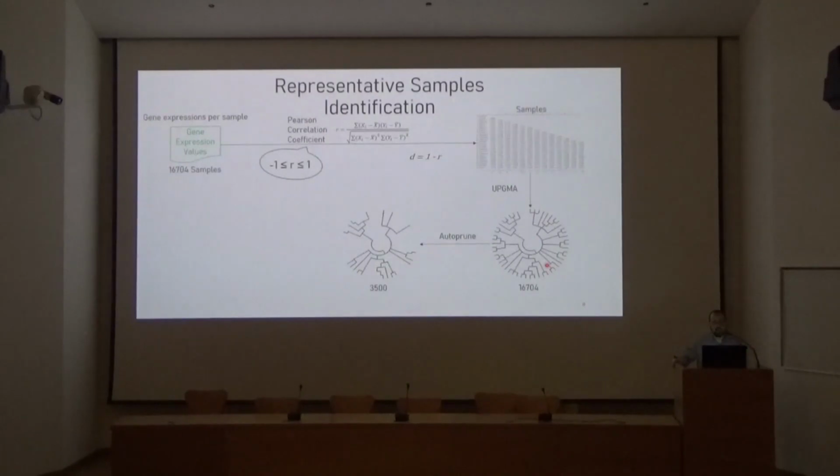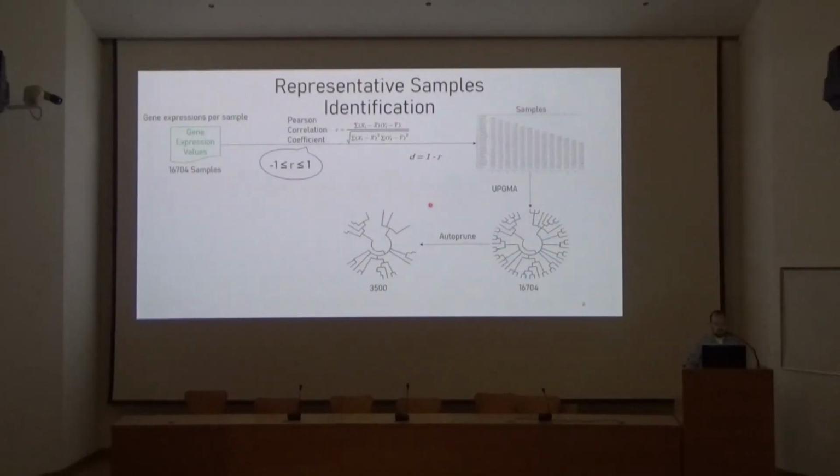And we calculated that value across all pairs of samples, and in order to transform them from negative values to non-negative values, we performed this very simple transformation to transform it to distance values.